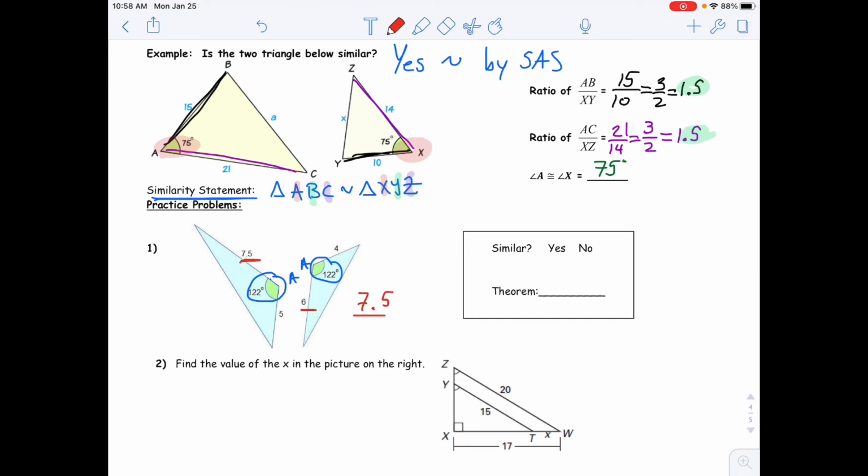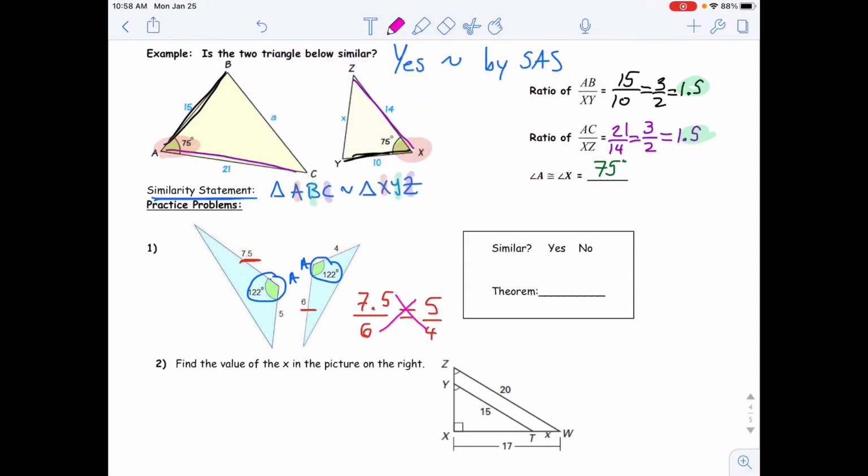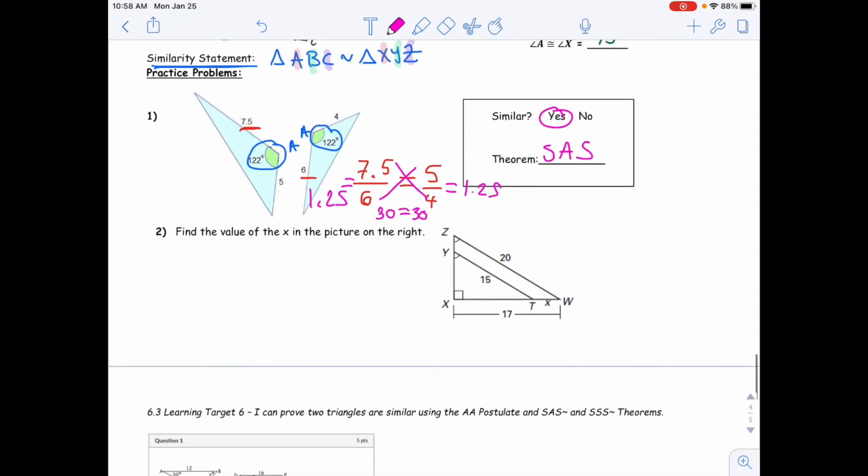Match up the two larger numbers. If anything's going to be corresponding, it's going to have to be the two larger ones and then the two smaller ones. Do these equal each other? Well, I could plug it into a calculator, or I can just cross multiply, and I get 30 equals 30. Or I could say both of these are 1.25 if I plug these into a calculator. Nonetheless, sides are proportional. So I can say yes by side, angle, side.